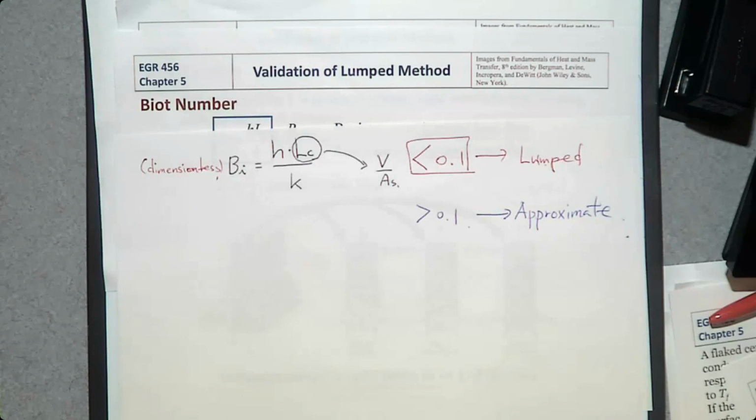So in your second exam, if you see a transient conduction problem, in other words, the temperature of the system changes in time, you need to show the Biot number. Because the Biot number is this value, I'm going to use the lumped method and solve it as a lumped system, or I'm going to use the approximate method. That section should be shown in your solution. Okay? You cannot just say, I'm going to assume this is a lumped system, then this is my solution. Then you will not get full credit for that problem.